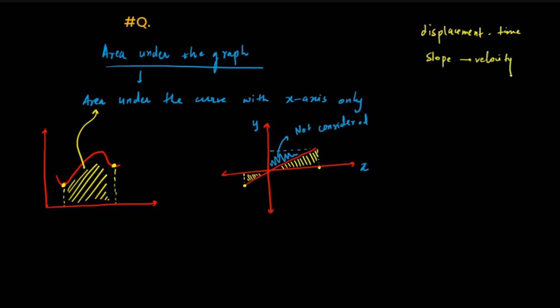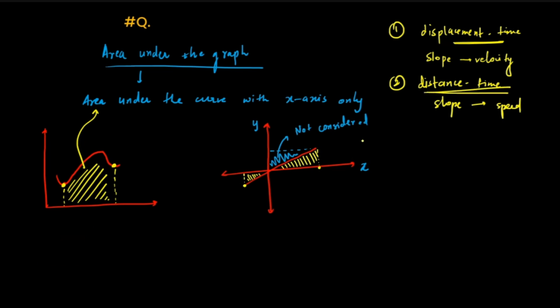That is the first point. Similarly, from a distance time graph, slope will give me speed. That is the second thing. Whenever there is a graph, first figure out which graph it is, then if a question asks you to find this, you can find that particular thing through the graph.